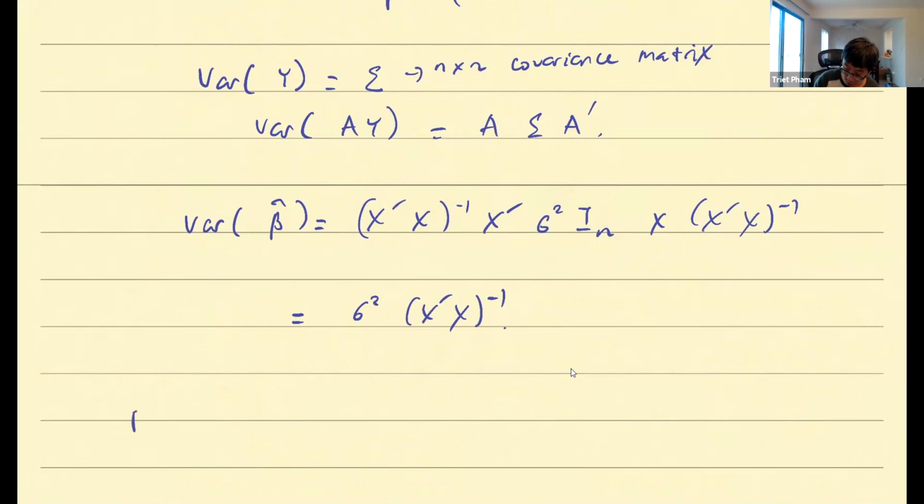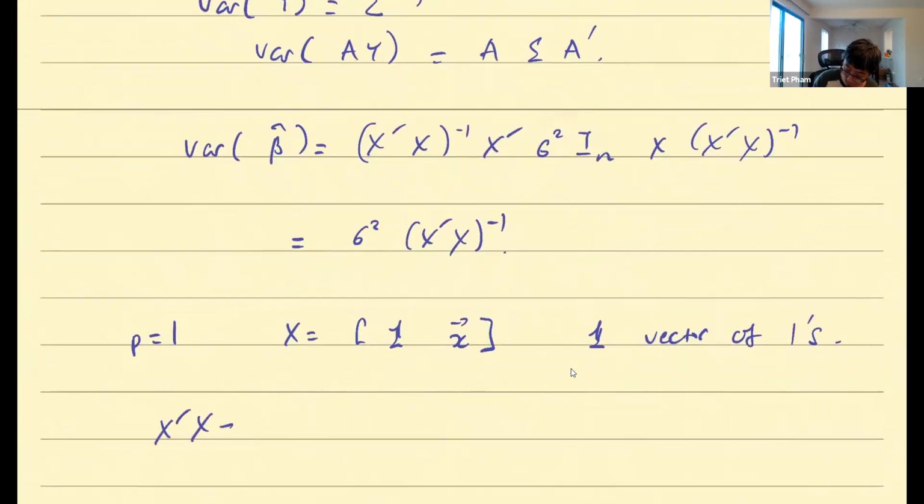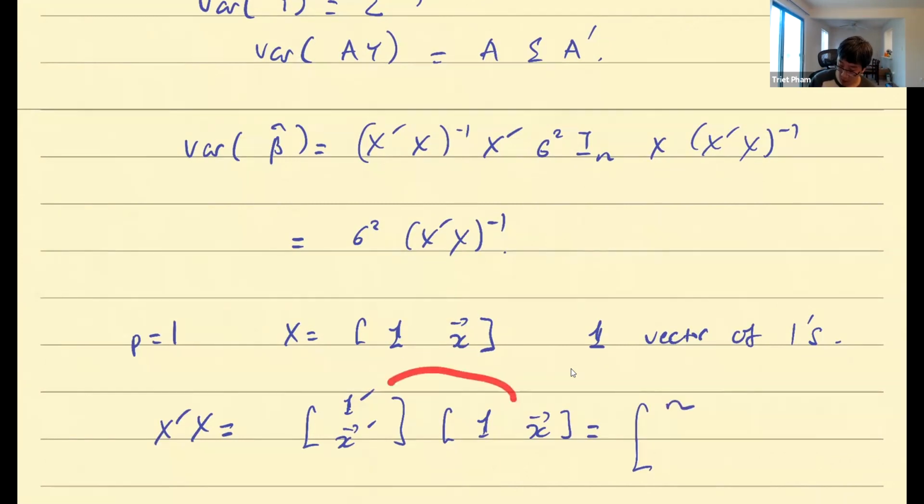When we have P equals 2, that means we only have 1 and X, where 1 is the vector of 1s. Then X transpose X will be what? 1 transpose, X transpose, where X is the vector of X data, times 1 and X. 1 transpose times 1 is N. 1 transpose times X is sum of Xi.